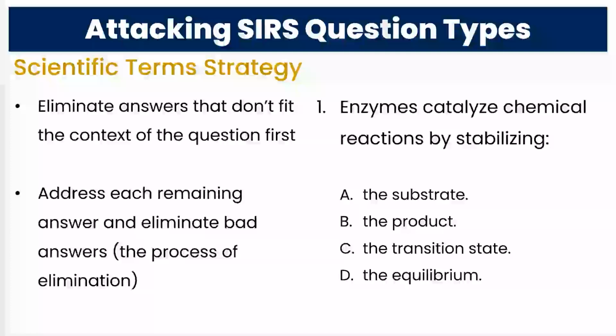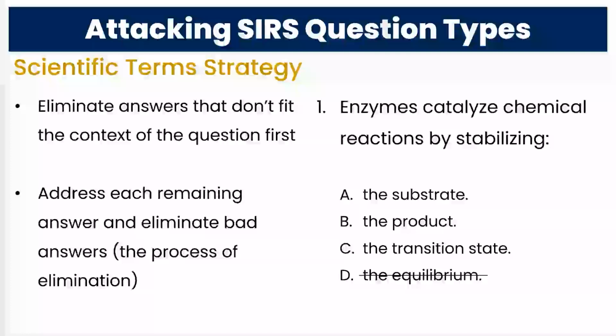First off, you can't stabilize an equilibrium. But the other three terms, substrate, product, transition state, they all make sense in comparison to each other. In context, you're looking at a reaction map and it says the substrate is the reactant, the product is the product, and that peak is the transition state. So get rid of those oddball terms right away.